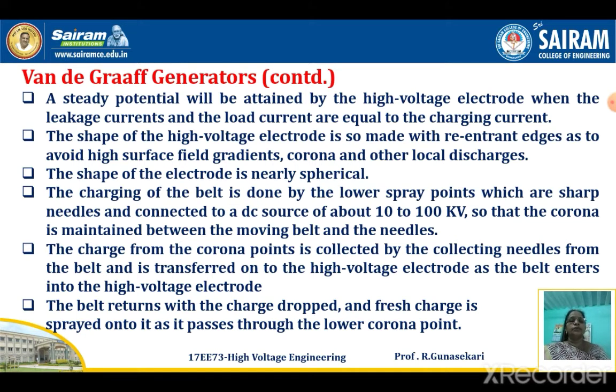The charge from the corona points is collected by the collecting needles from the belt and is transferred to the high voltage electrode as the belt enters into the high voltage electrode. The belt returns with the charge dropped, and fresh charge is sprayed onto it as it passes through the lower corona point.